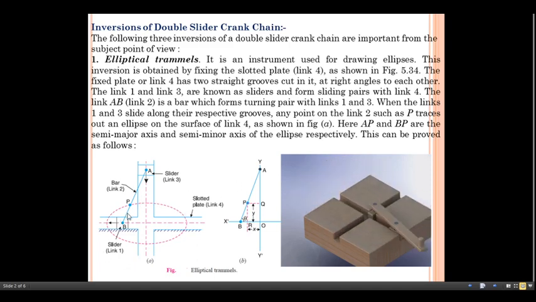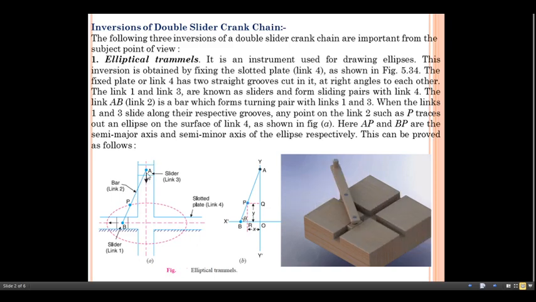Here AP and BP indicate the semi-major axis and semi-minor axis of the ellipse respectively. This can be proved in the following part. If we look at this portion from this spot up to here, already I have seen AP.